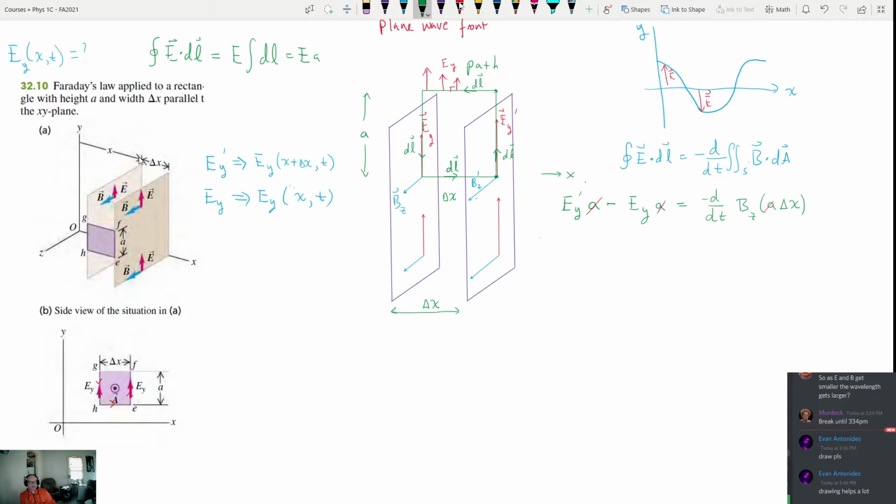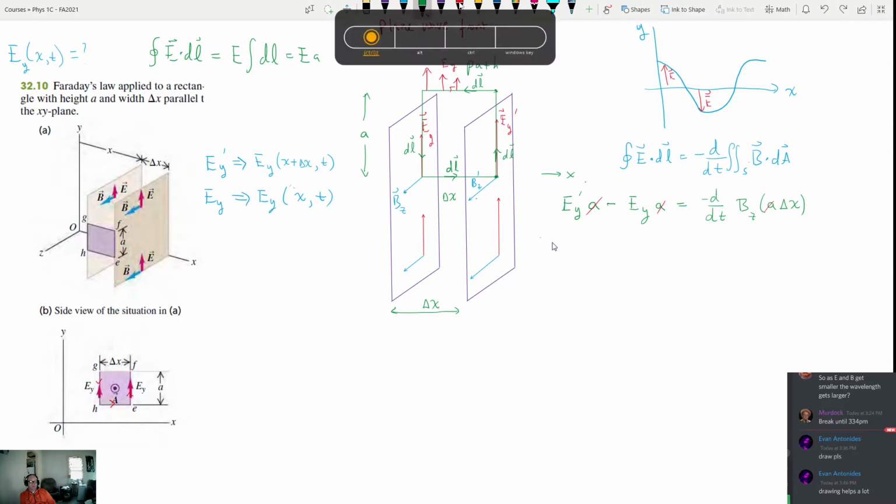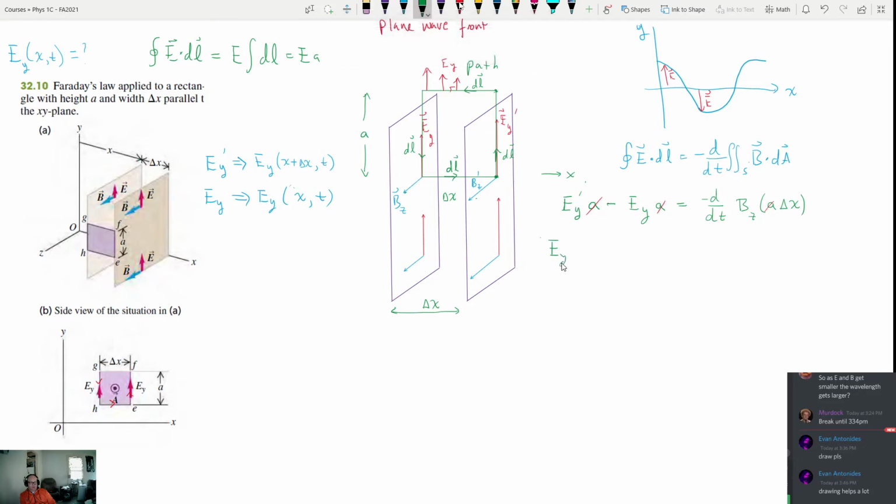X is the left-hand side, x plus delta x is the right-hand side. So the coordinate of this side right here is x plus delta x. So EY prime becomes EY of x plus delta x, comma t, minus EY of x, comma t.